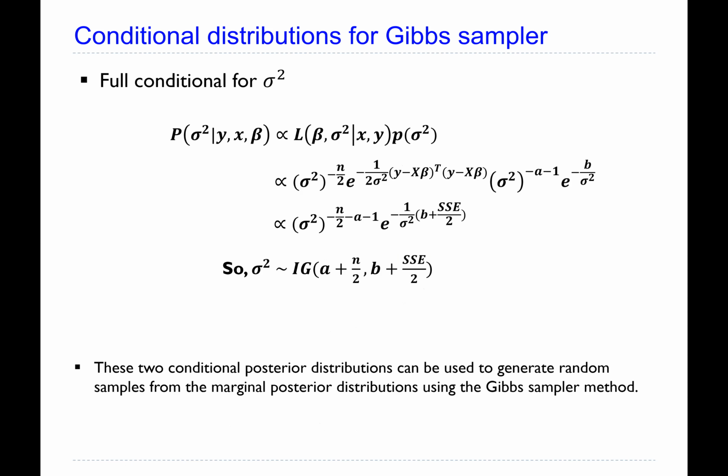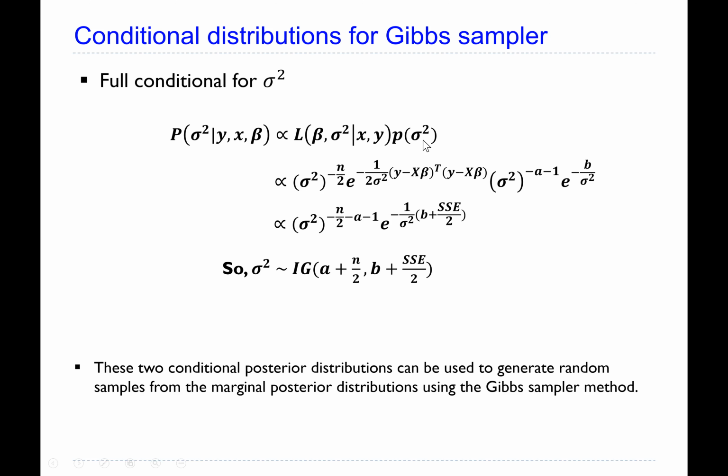So let's find the conditional posterior distribution of sigma square. The conditional posterior distribution of sigma square is proportional to the likelihood times the prior distribution of sigma square. Why do you not multiply by the probability of pi? Because this one is a function of sigma square and pi, so we consider pi as a constant.